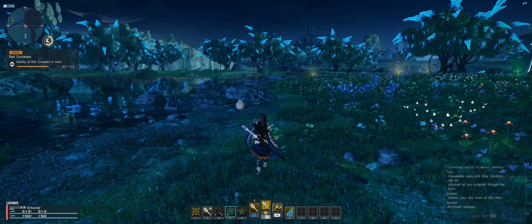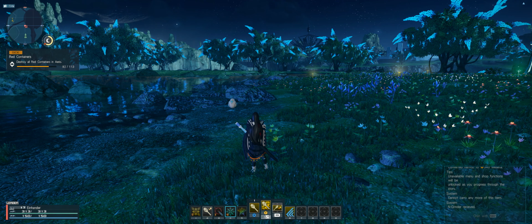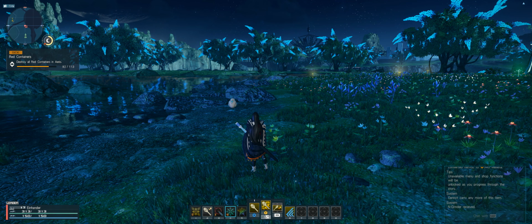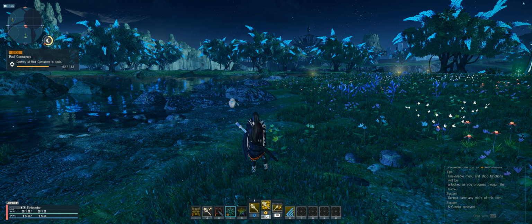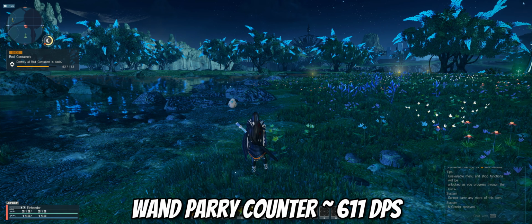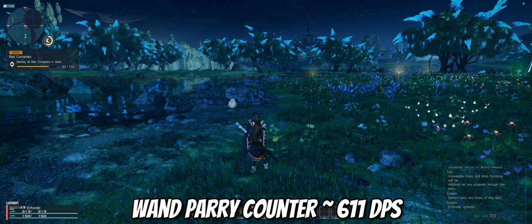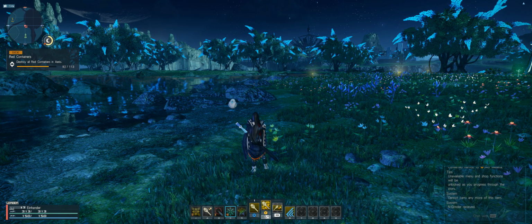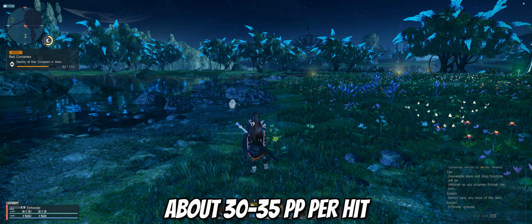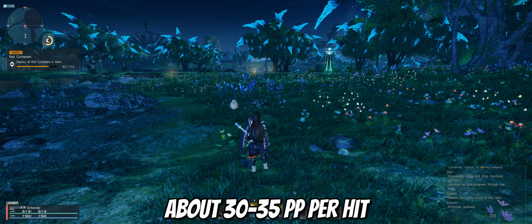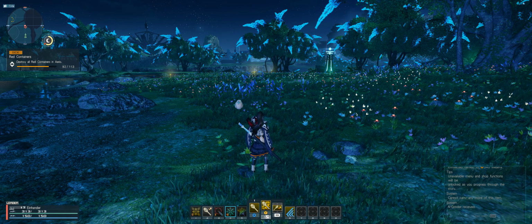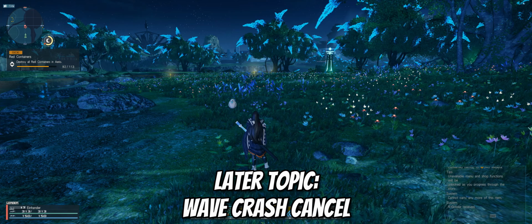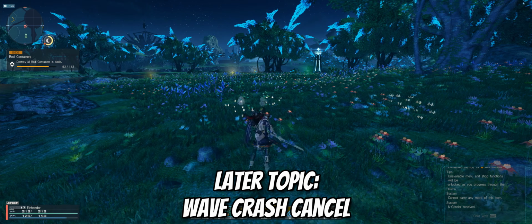Because I will say that Wand Parry is very powerful. Not only the damage it provides, it's very high on DPS. It's one of the highest attacks DPS-wise, especially given how quick it is, but also the PP efficiency and the things that you can do given Wand Parry. I'll briefly mention one of those things, which is wave crash canceling.